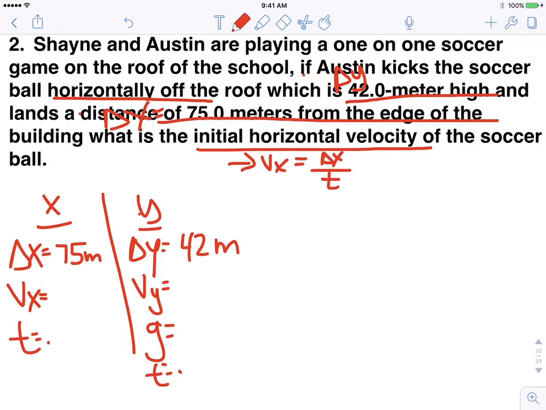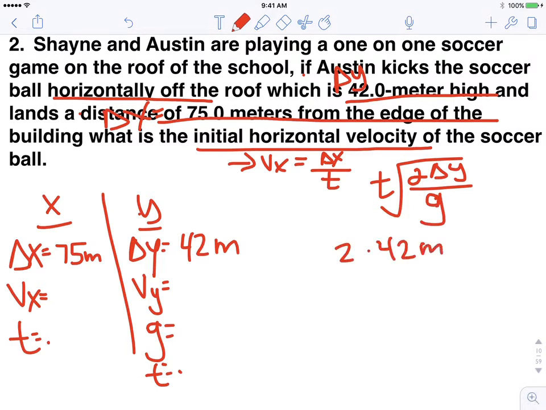So let's just go to that one equation we usually start with, and it's the t is equal to the square root of 2 times delta y over g. All right, so we have 2 times 42 meters over 9.8 meters per second squared.